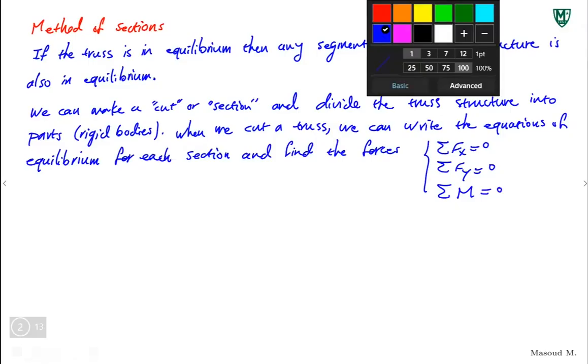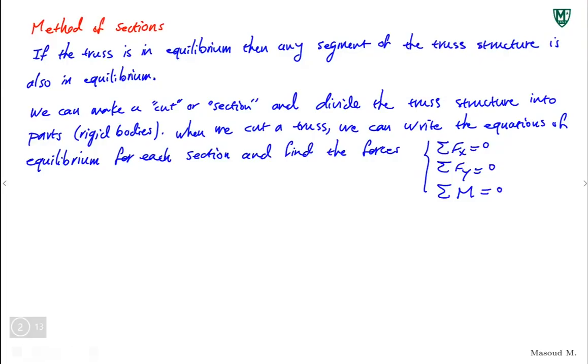Let's take a deeper look at what I'm trying to say here. Let's say I have a truss like this. I'm going to try to draw it as well as I can. Like this one goes from here. This is connected to this joint, obviously.